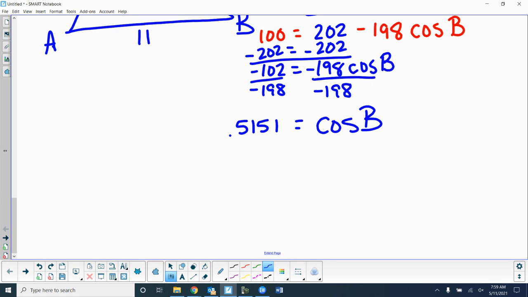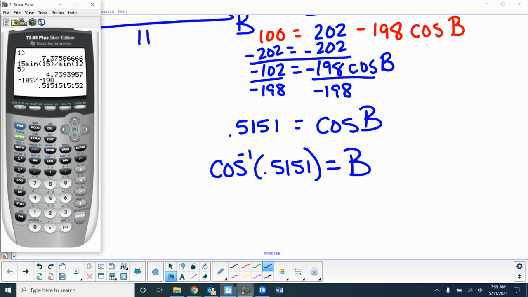All right, so to get the angle, remember, you have to go inverse cosine of this decimal. So we go second cosine for the inverse, second answer, that negative sign. That'll give us the angle measure.